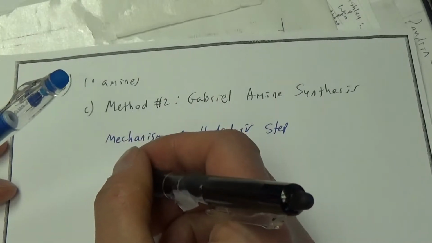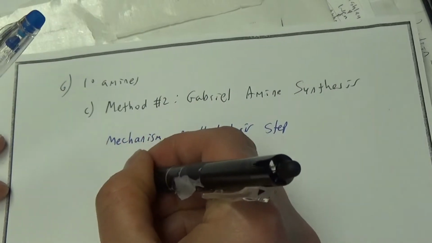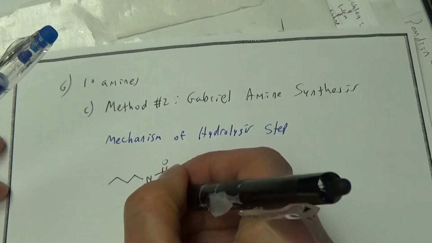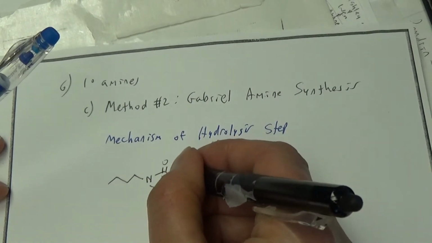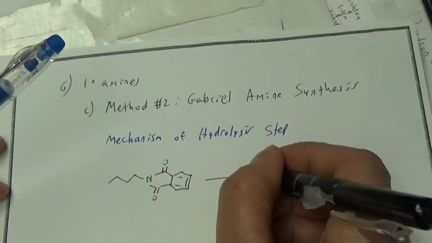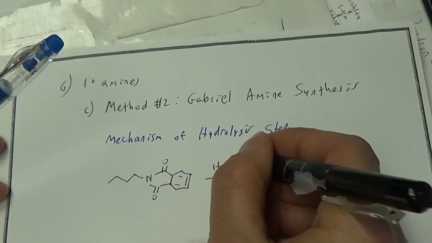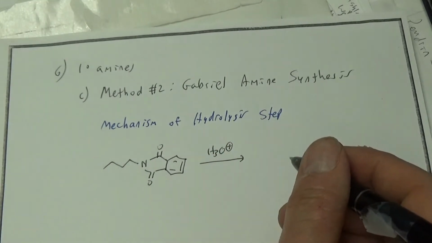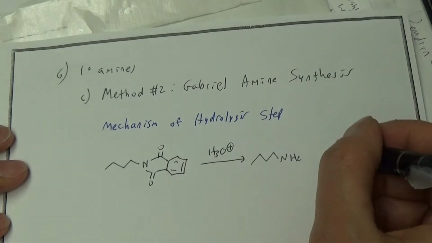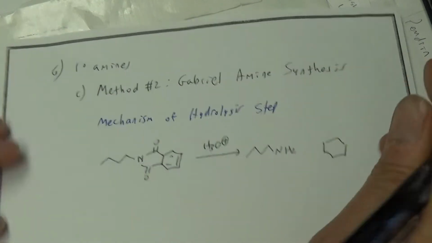Just to be simple, we'll use that same intermediate, the phthalimide. These steps are reversible, but we're just going to imagine they're irreversible. We get the primary amine and we get phthalic acid.